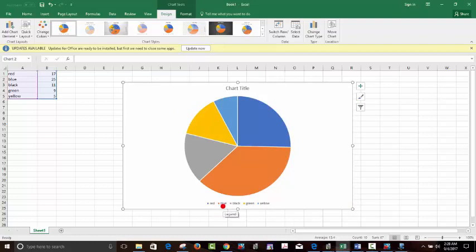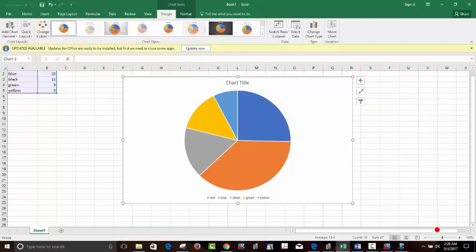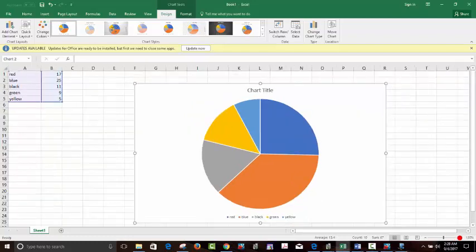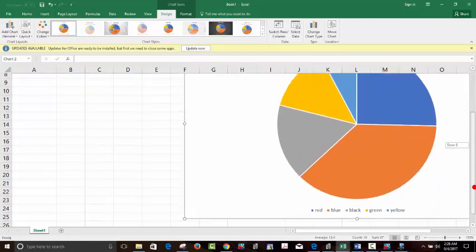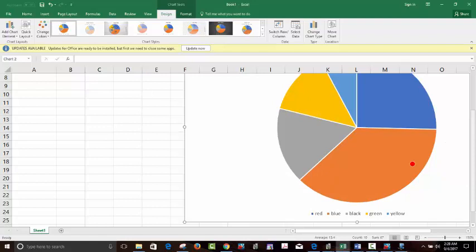Blue represents this orange part right here. It's not designed to match; I could change this and make it fit the colors. It can't read your mind on the colors. So the red is the blue part, black is the gray, green is the yellow, and the lighter blue there is the label yellow.